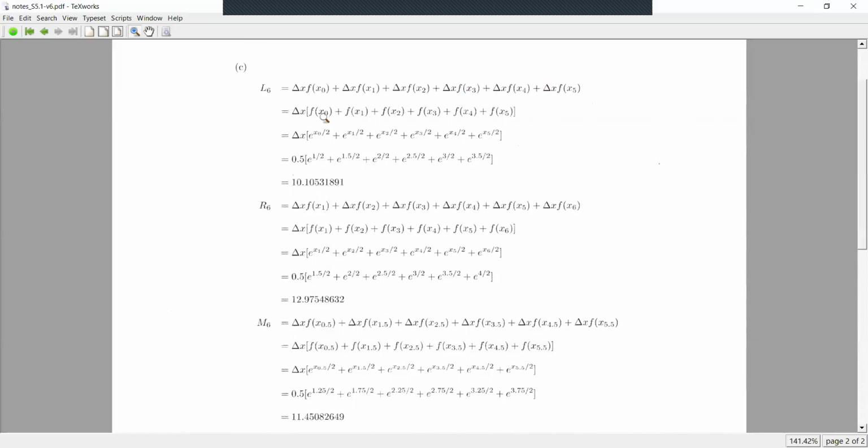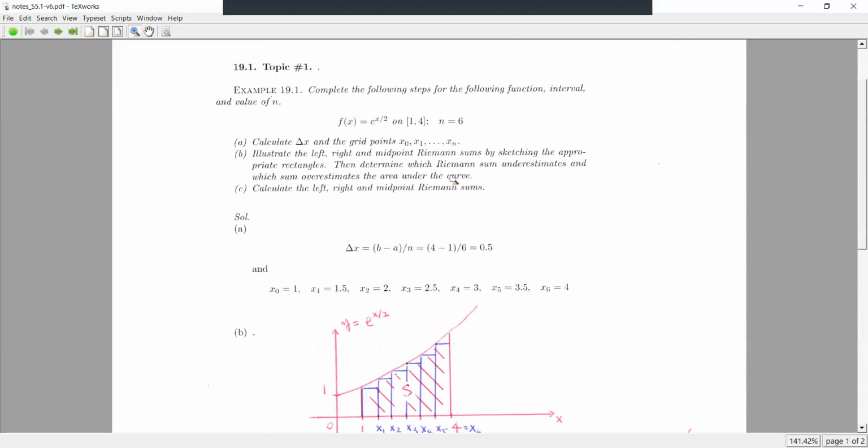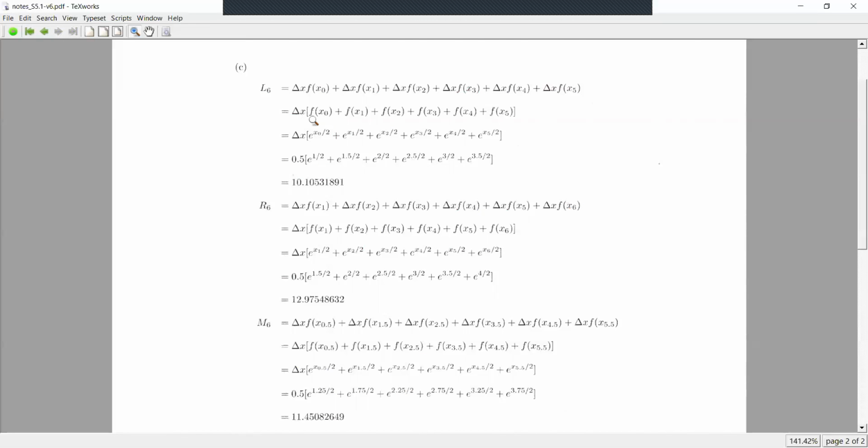Now plug in the function f. What is the function f? Function f is e to the x over 2. So the function value at x0 is e to the x0 over 2, the function value at x1 is e to the x1 over 2, and so on.